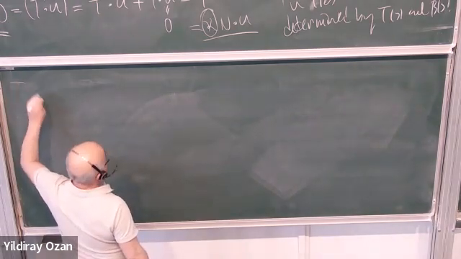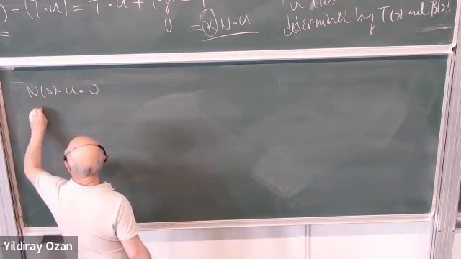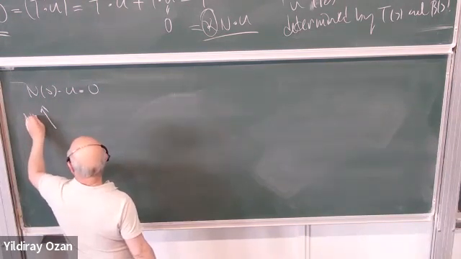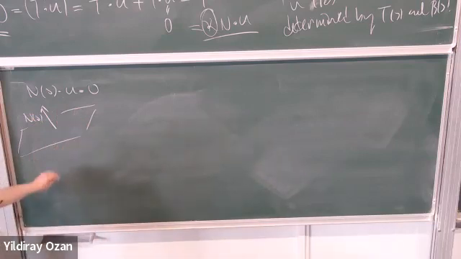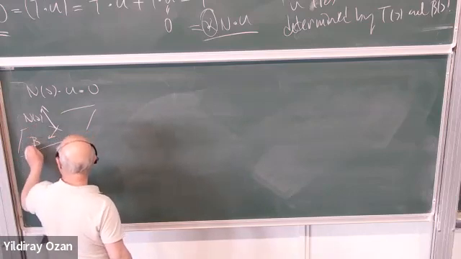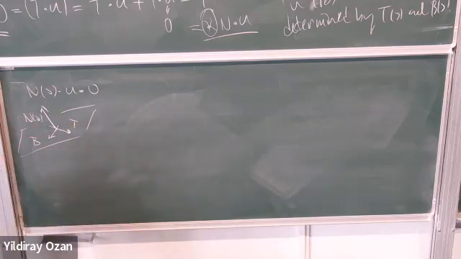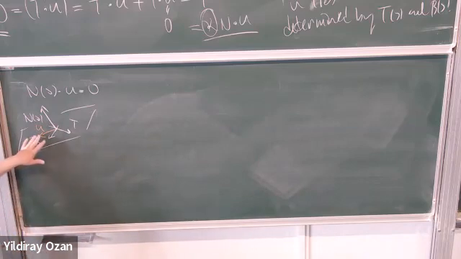Whatever s is, N(s) dot U is 0, so N(s) is a vector and U is in the plane perpendicular to N. But we already have two vectors perpendicular to N, which are B and T. So this vector U is perpendicular to N, therefore it lies in the plane spanned by T and B. U is constant.